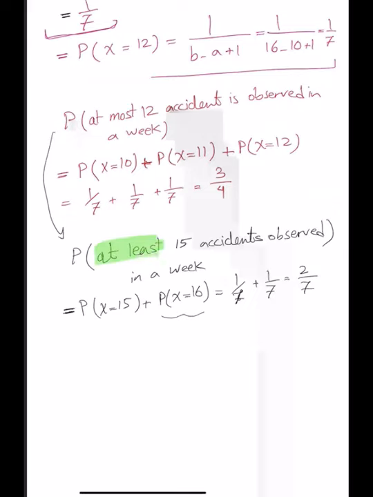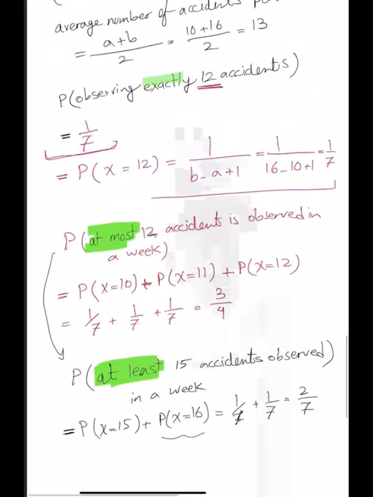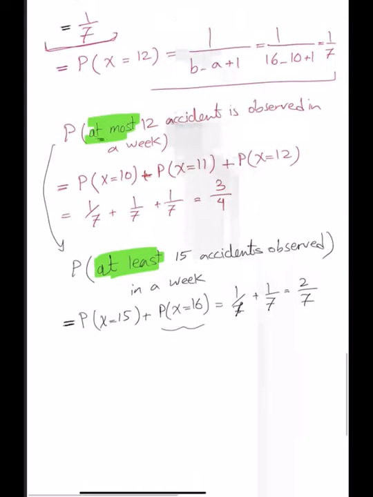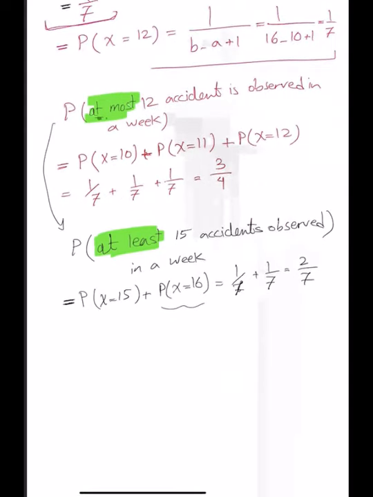Okay? Pay attention to these keywords: at least, at most, exactly. These are the keywords that you can also use in any random variable. For the binomial, also can tell you this.